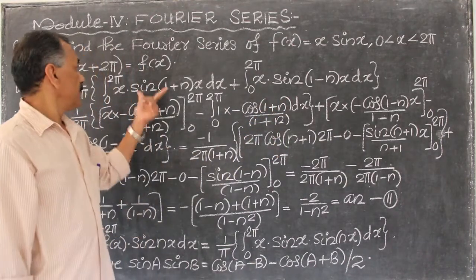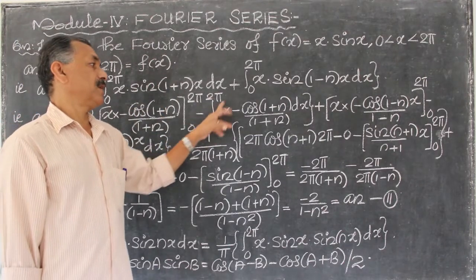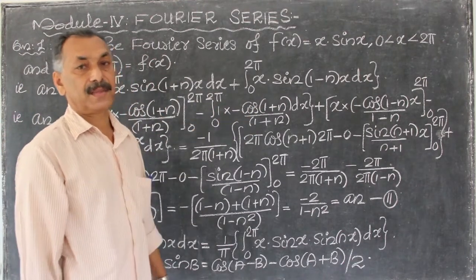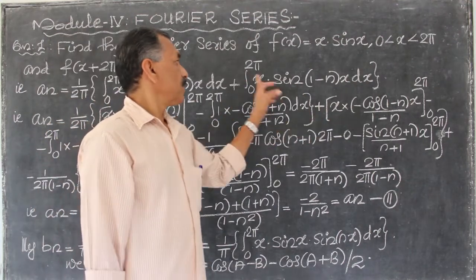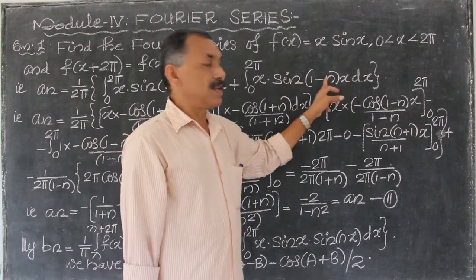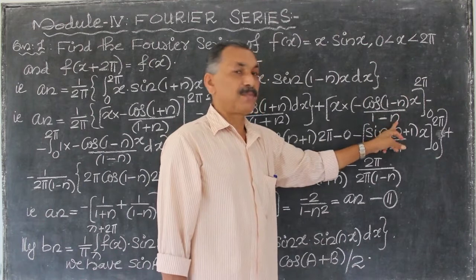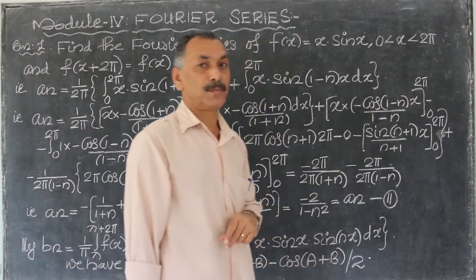This is the first into integral of second, minus integral of derivative of first into integral of second. Similarly, plus this one. First into integral of second: x into integral of sin 1 minus n x, minus cos 1 minus n x divided by 1 minus n, between the limits 0 to 2 pi.